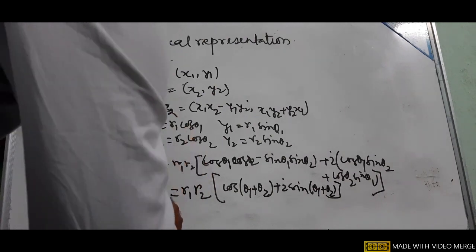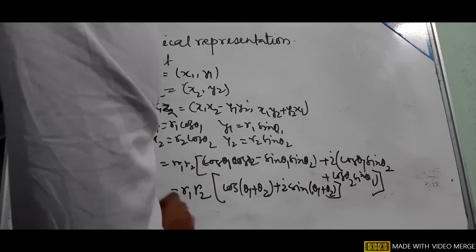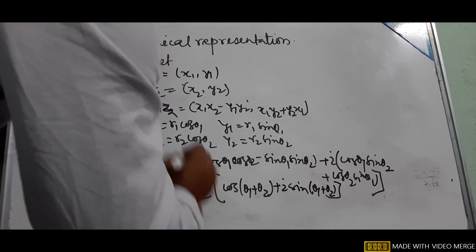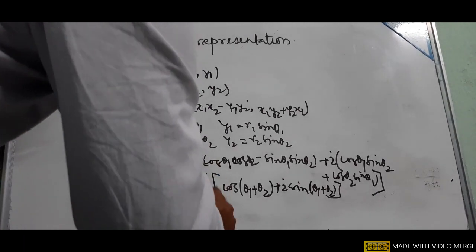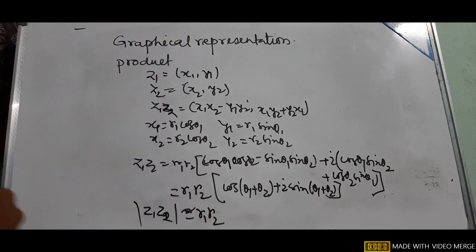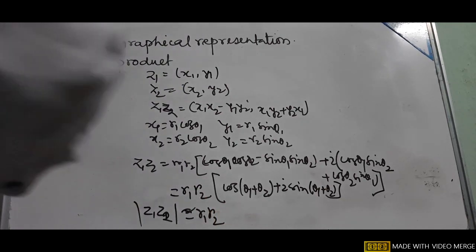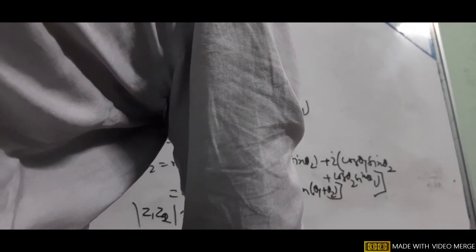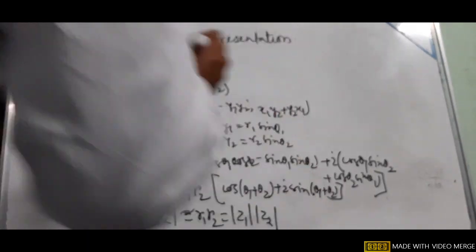So if you take the modulus of z1 z2, it is r1 and r2, the product of these two position vectors, and that is equal to mod z1 times mod z2.